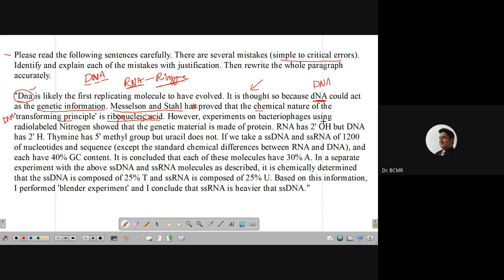Experiments on bacteriophage using radio-labeled nitrogen showed that genetic material is made up of protein. They did not use nitrogen. You cannot use nitrogen because DNA and protein both have nitrogen, right? They used radio-labeled phosphorus and sulfur. And they showed that it is made up of DNA and not protein.